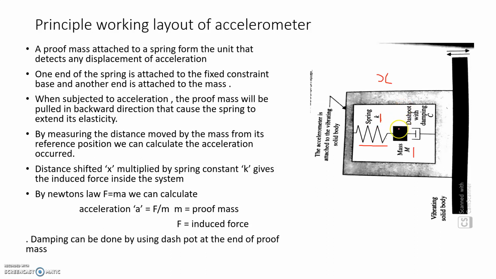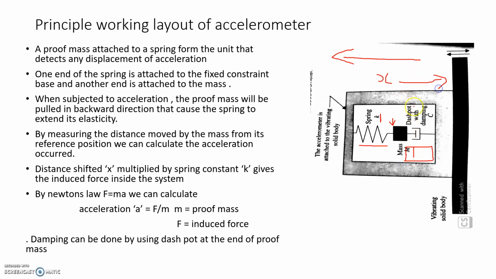Before having any kind of movement, the mass is at a reference position at this point. Consider this point as the reference position here. When the object accelerates, if the object is moving in this direction, the mass will shift its position to just opposite to the applied acceleration.